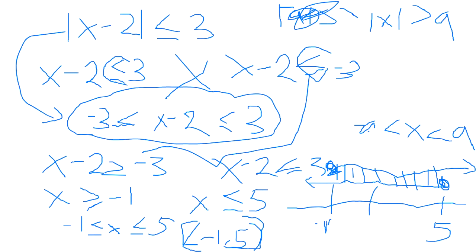Now let us say they give you the absolute value of 2x plus 1 less than 1 over 4.